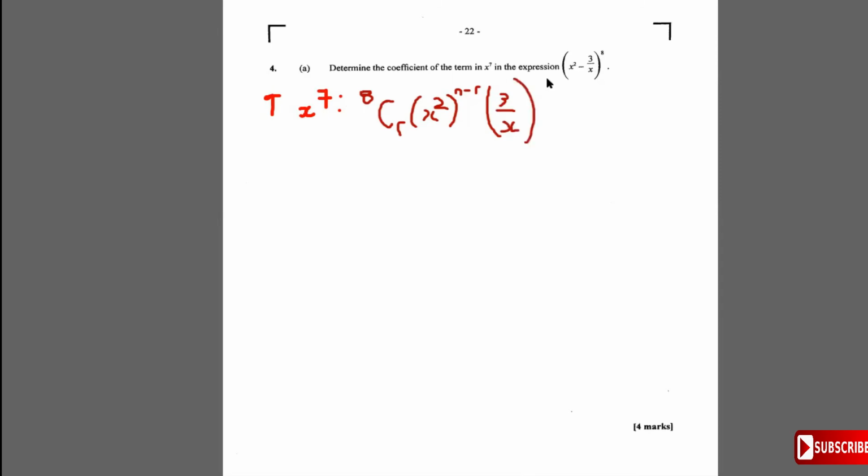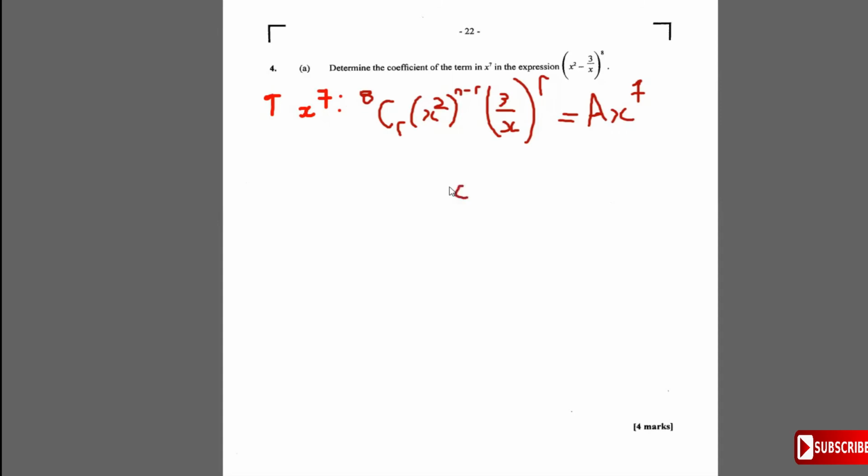I'll need this to give us the answer times x to the 7th. So we're going to multiply this across to find out what r is. Once we get what r is, we can plug it back into this formula.